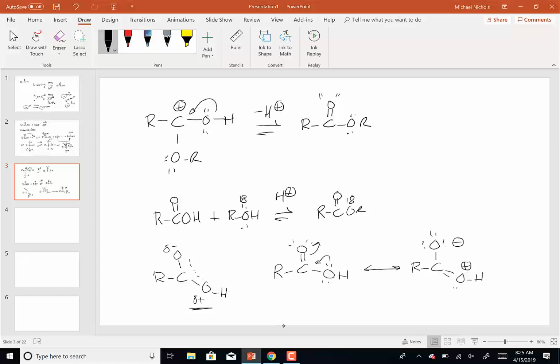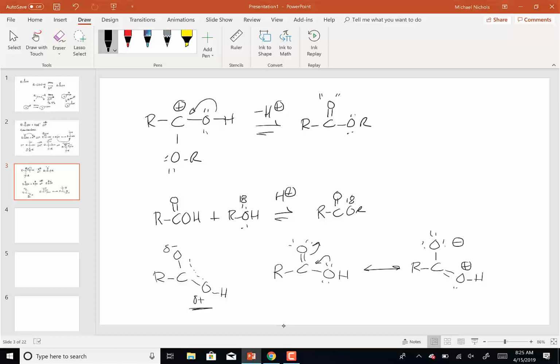So whenever we protonate a carboxylic acid or an ester, we always protonate the carbonyl oxygen. We never protonate the OR or the OH, because it's already got some positive charge on it. So that's Fischer esterification in terms of making esters.